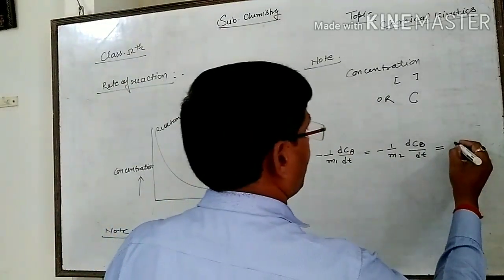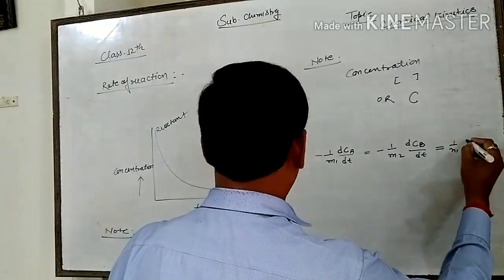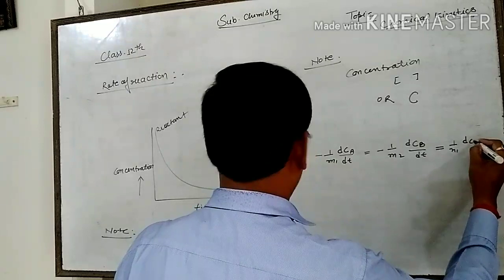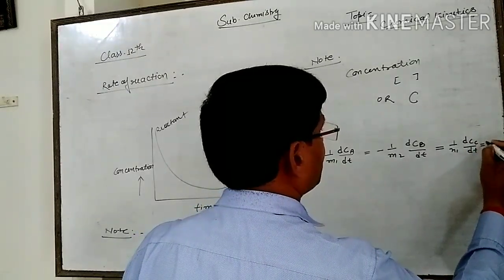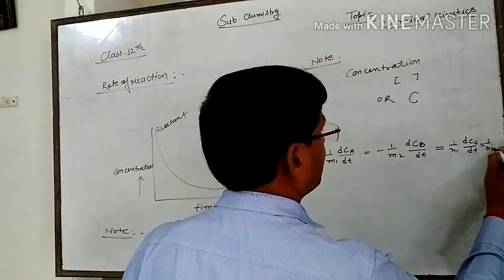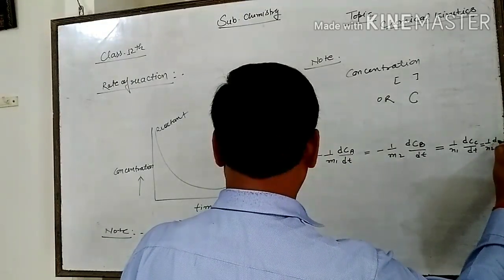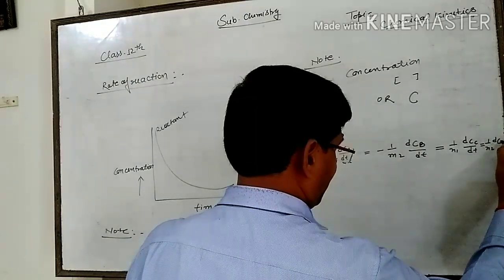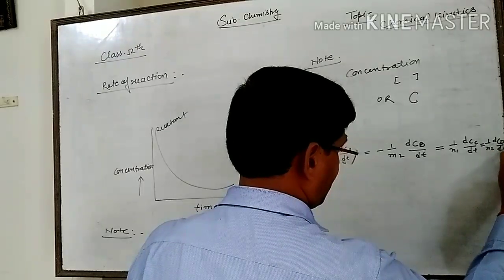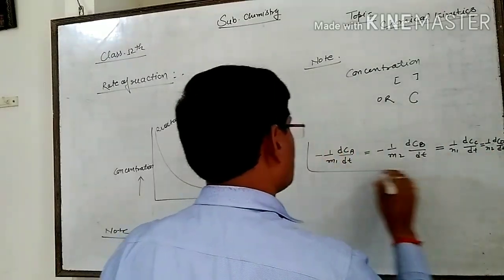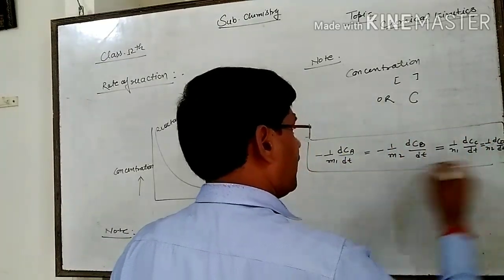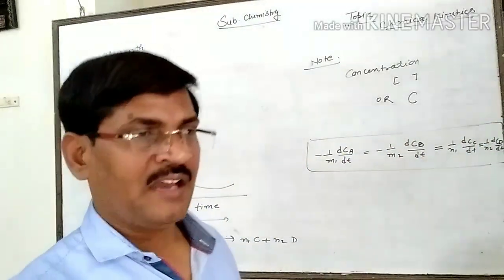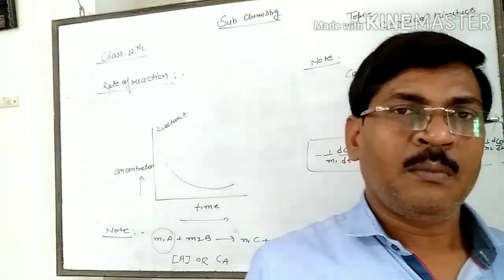It means 1 upon n1 d[C] upon dt, which is also equal to 1 upon n2 d[D] upon dt. So this is for the reaction with a number of molecules in the reactants and in the products.